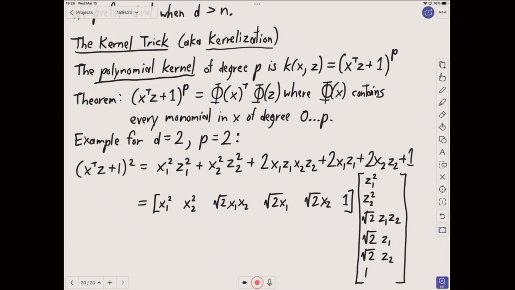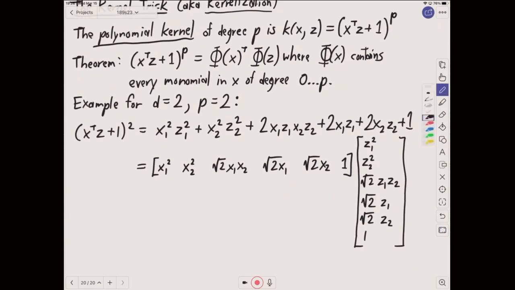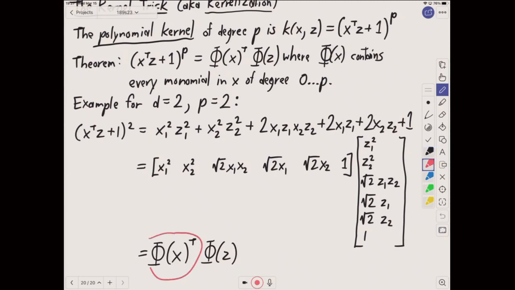And so I will now just write that as an inner product of phi of x times phi of z. I never actually formally defined what phi is, but I'm defining it now. I define phi of x transpose to be this, and I define phi of z to be that.